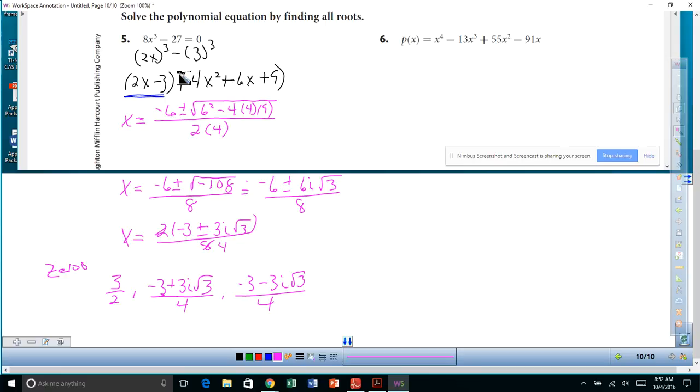First, you want to take out the greatest common factor, and that would be x. And that's going to leave you with x cubed minus 13x squared plus 55x minus 91. Now, 91, that's a big number. Fortunately, let's see here. What are the factors of 91?